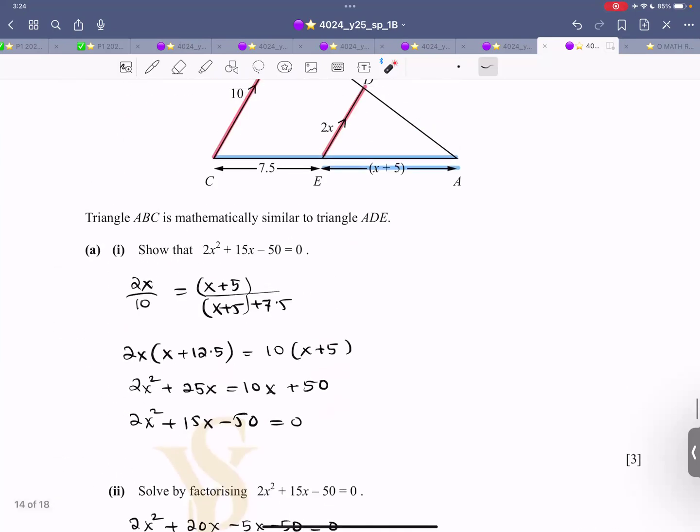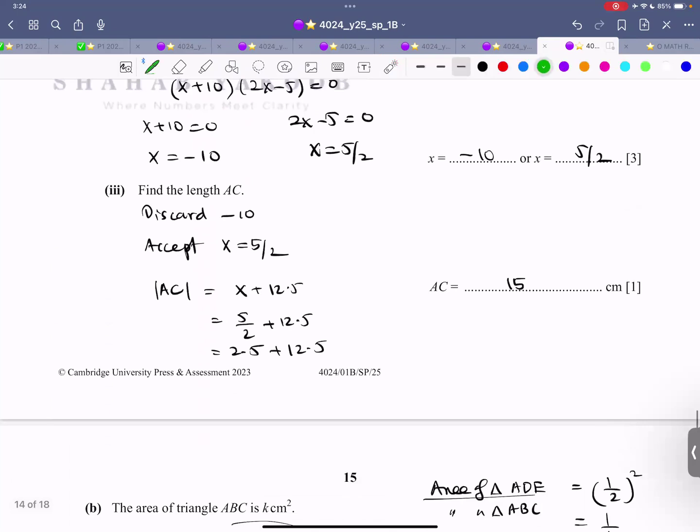But since x is a length, you have to discard one, because length cannot be negative. That is why we are discarding this. And then we are accepting x is 5 over 2. They're asking for AC. AC is x plus 12.5, 2.5 plus 12.5. That comes out to be 15.